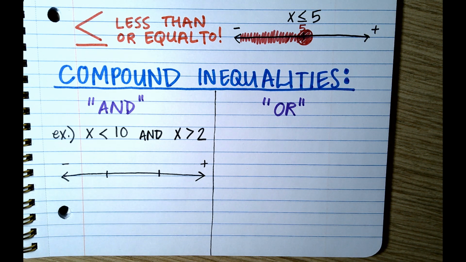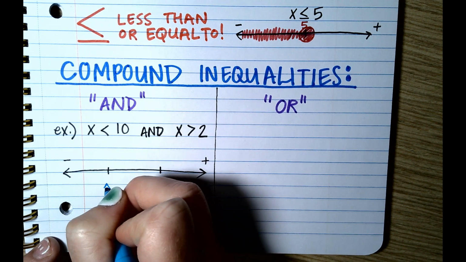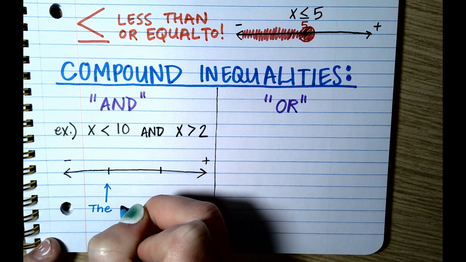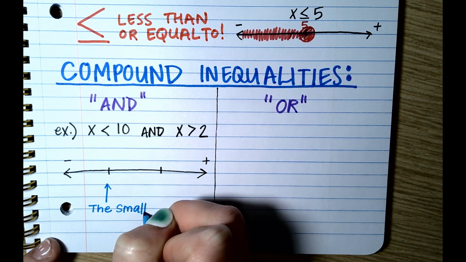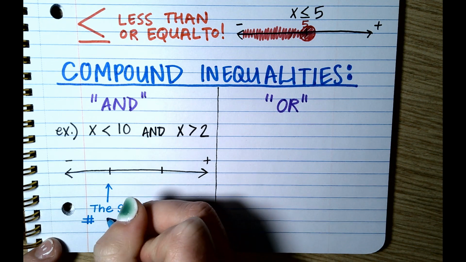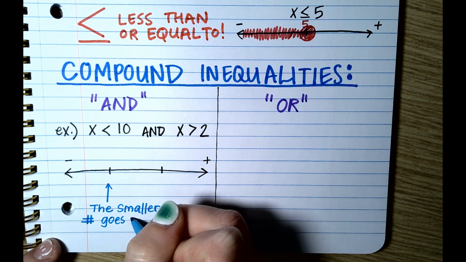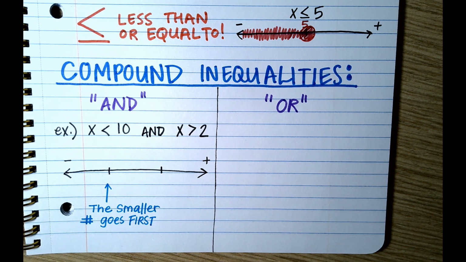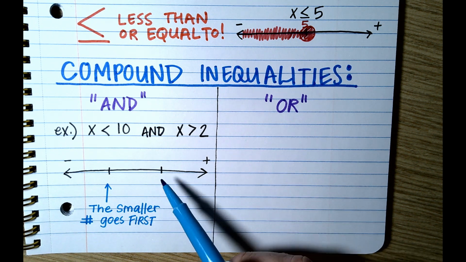So, we can make a little note of that. The smaller number goes first. And then the bigger number goes next.